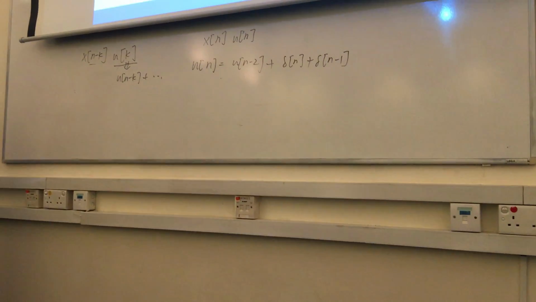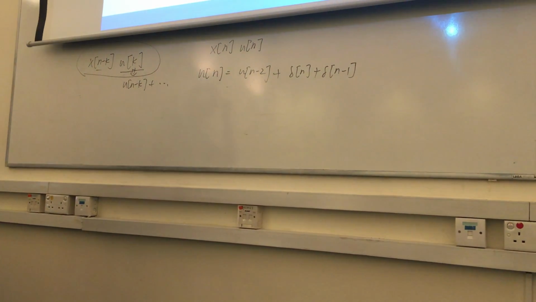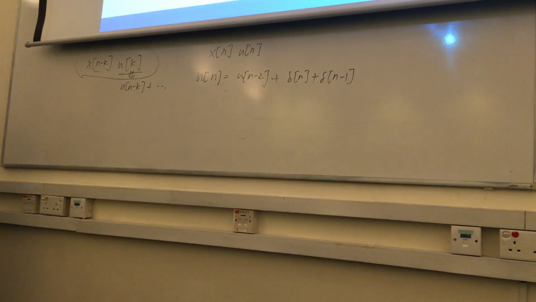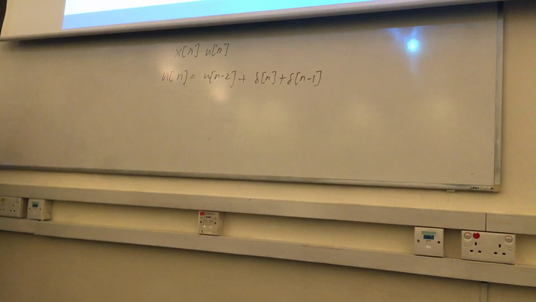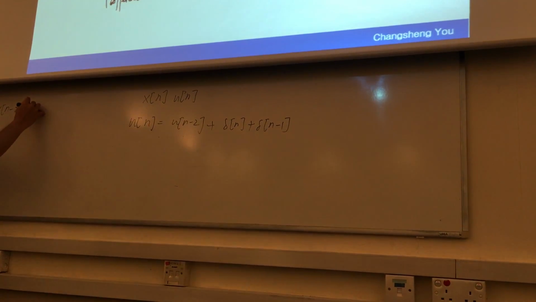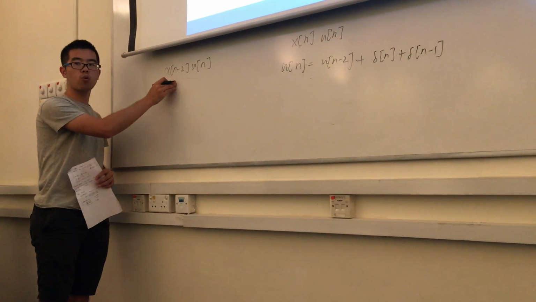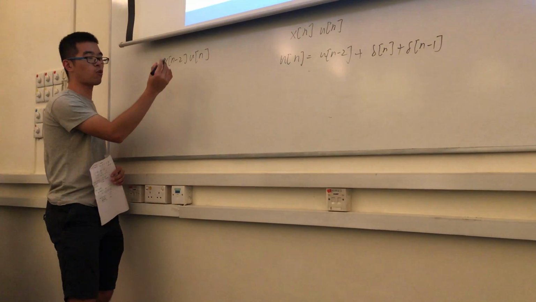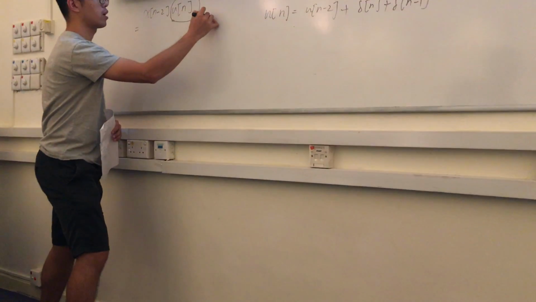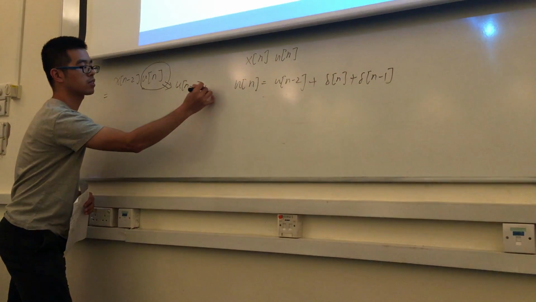So for this kind of signal, we have the convolution here. And I introduced one example for better understanding. For example, now k is equal to 2, x[n-2]u[n]. In this form, we want to express this part by u[n-2] plus something.